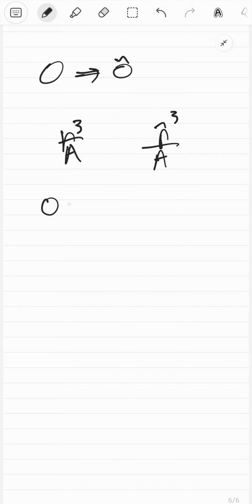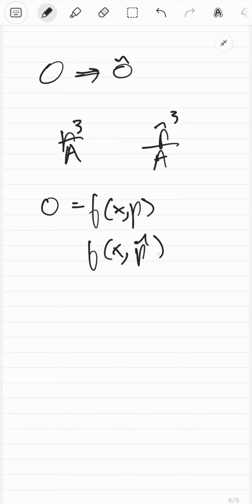Every observable will basically be a function of x and p, right? So what you have to do is just replace x by itself, so just get some f of x, but p with p hat, and that will be your operator basically.